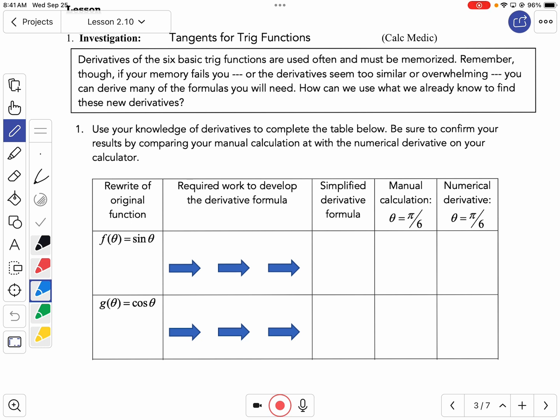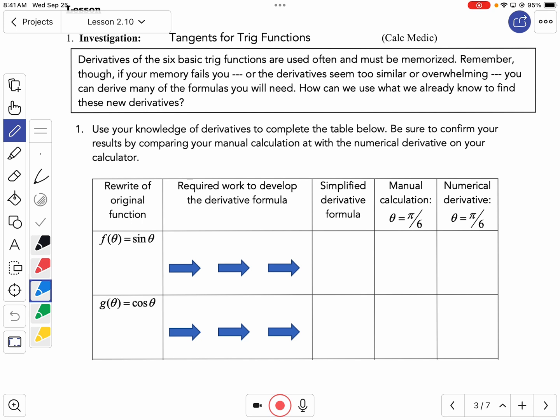Sorry, tangent is... The meaning of that would be cosine. Oh, yeah. And just that's what we do.